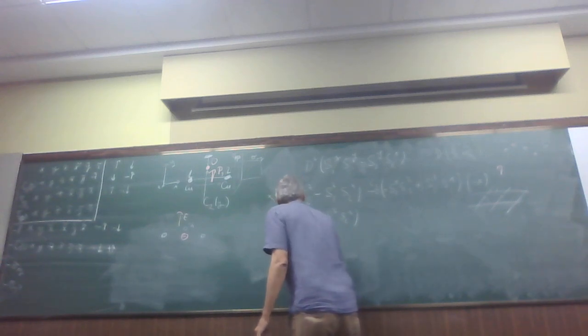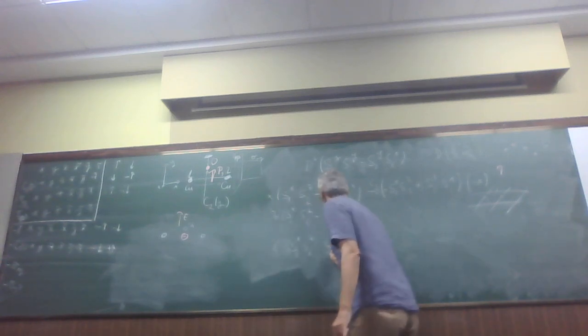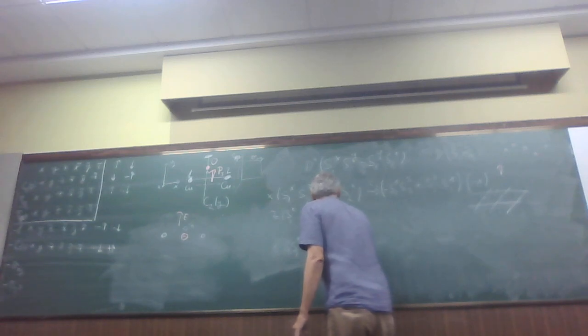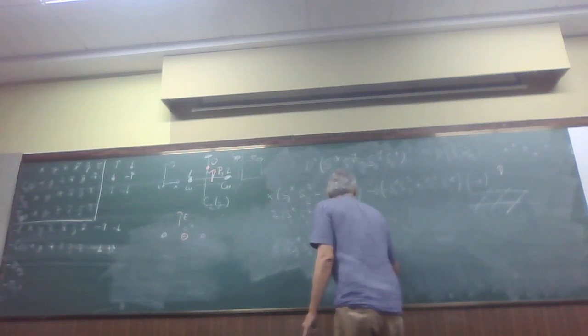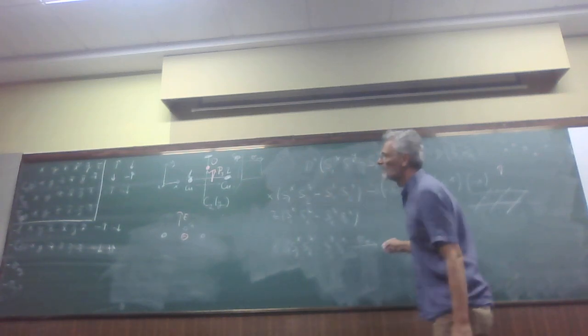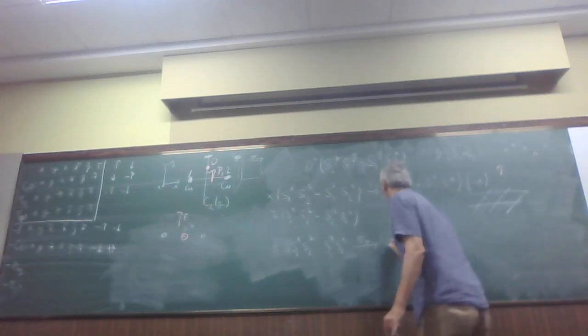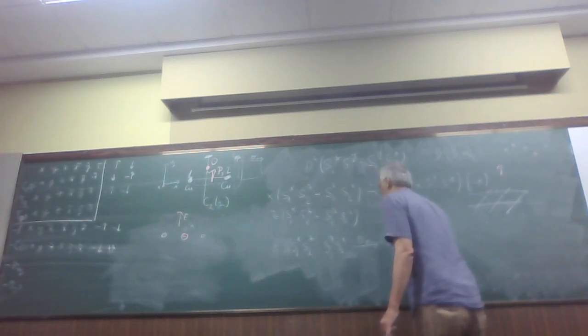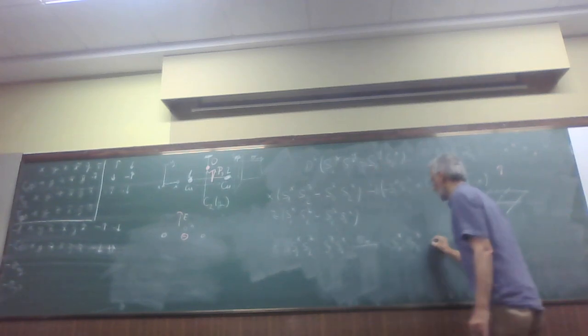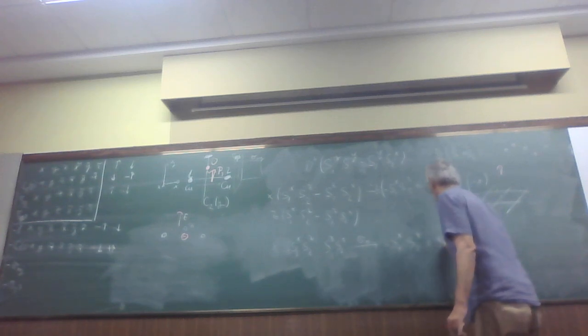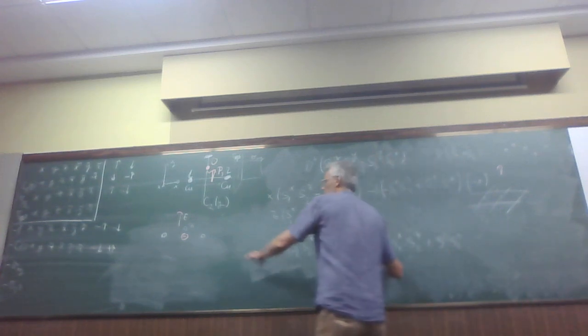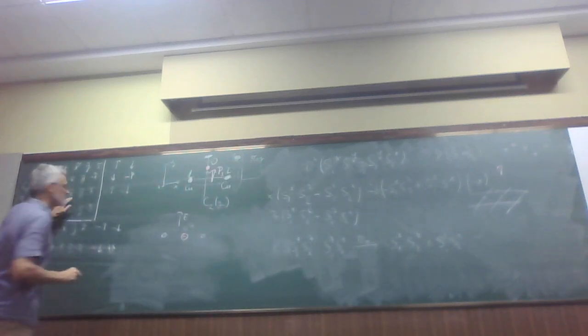S1x S2z minus S1z S2x under sigma xy will become minus S1x S2z plus S1z S2x. It gets this sign because we have the x there.